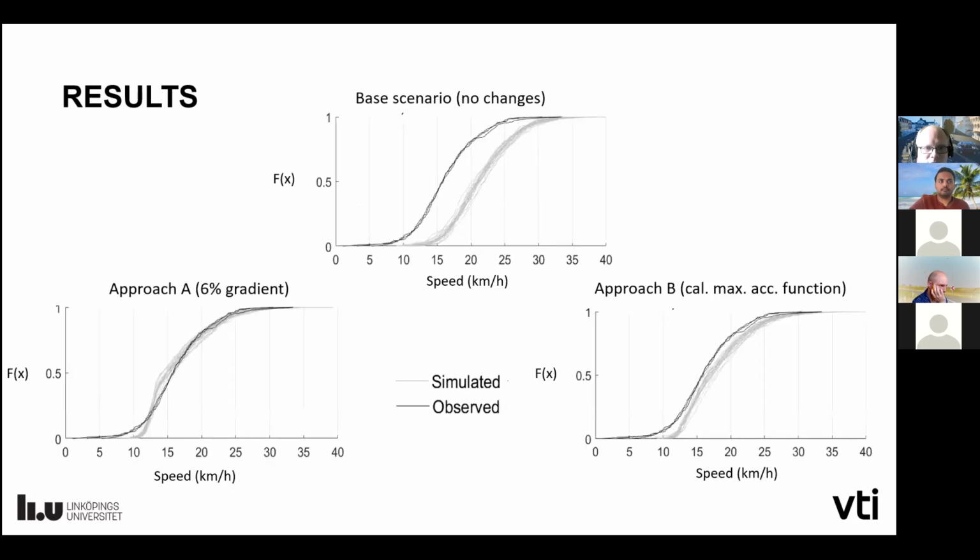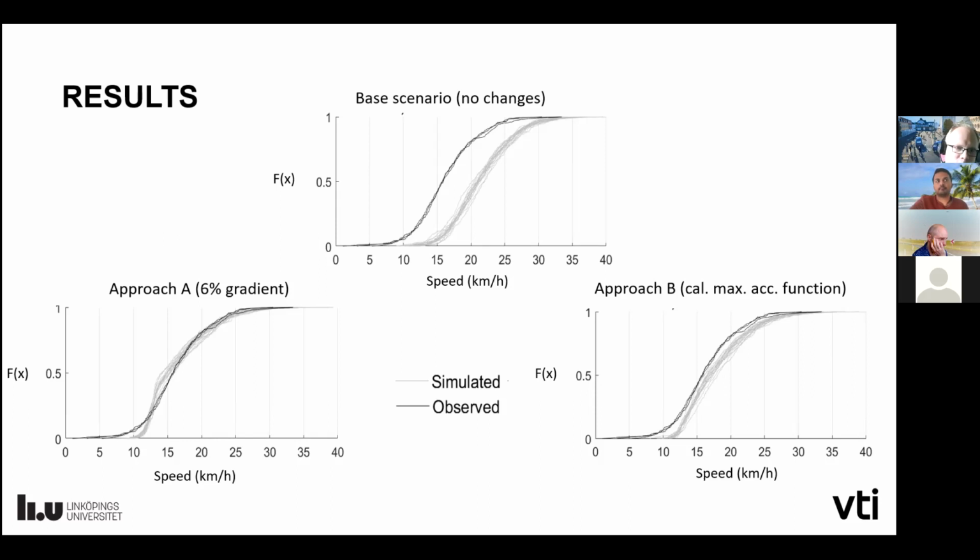We tested both these different approaches. So at the top, we have the observed and simulated speed distributions. For the simulated, we have it for several different replications, and for the observed, we have it for 4 different days.